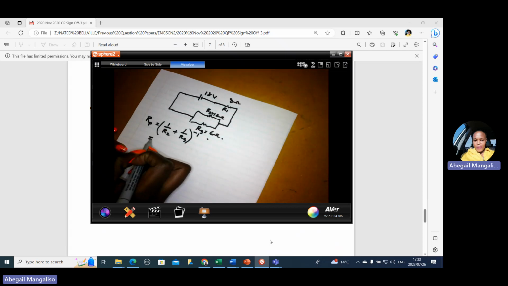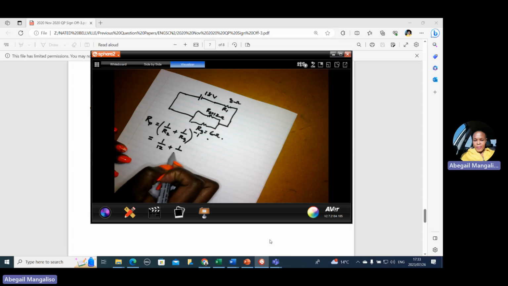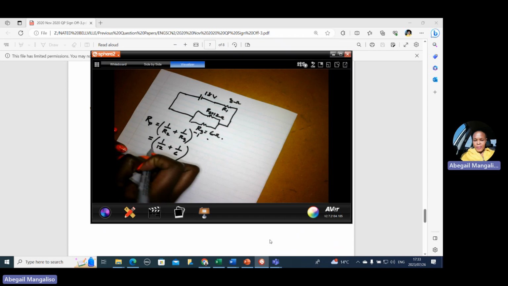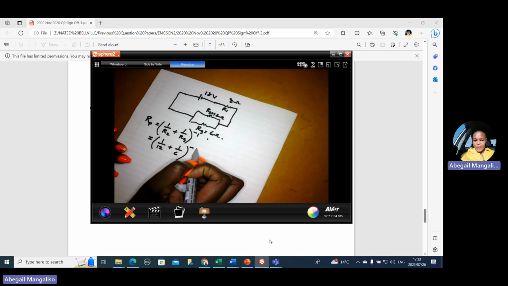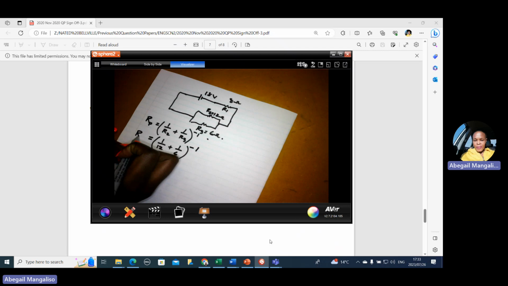This is equal to 1 over 12 plus 1 over 6, all to the power negative 1. And this side you have RP. So you just use your calculator, you insert this as it is.